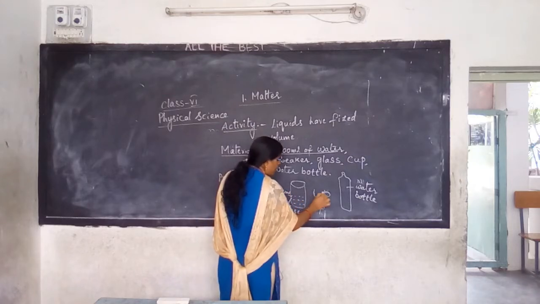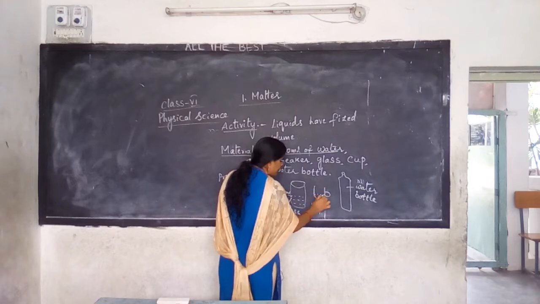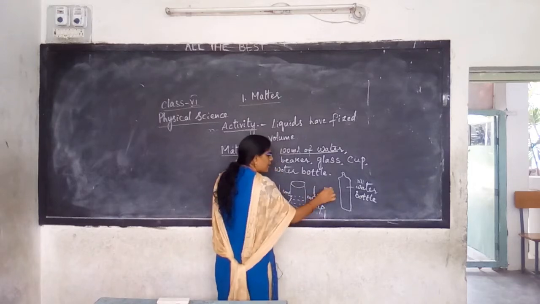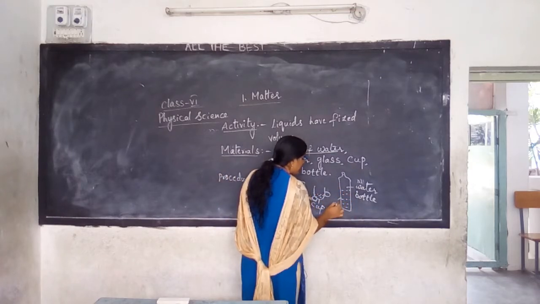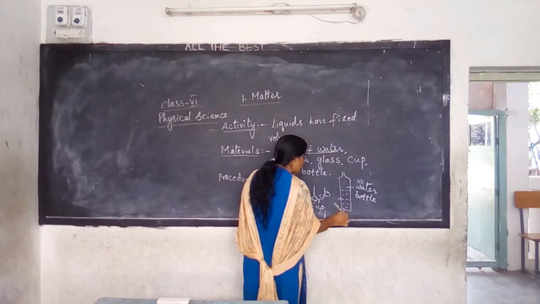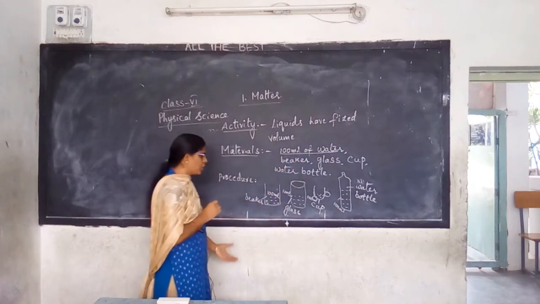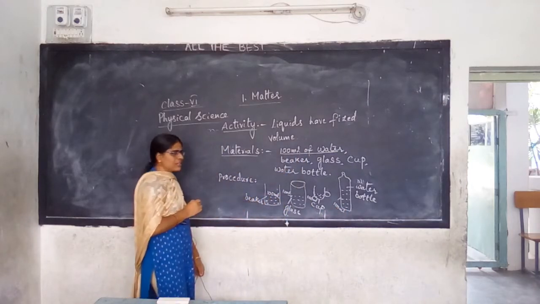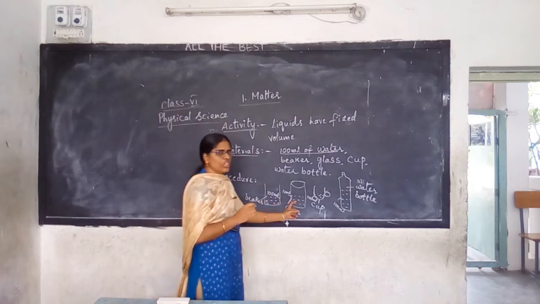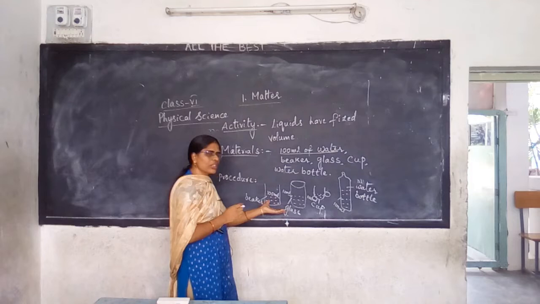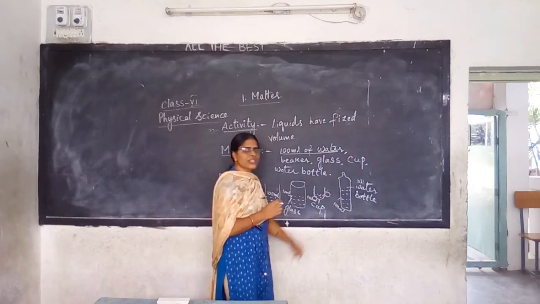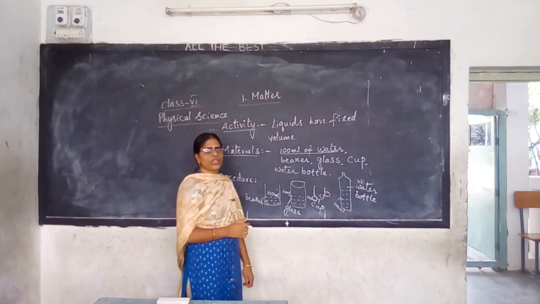In the cup also, and in the water bottle also, 100 ml of water. Now when you look at all these things, the volume, that means the quantity of water filled in all of them, is 100 ml only.